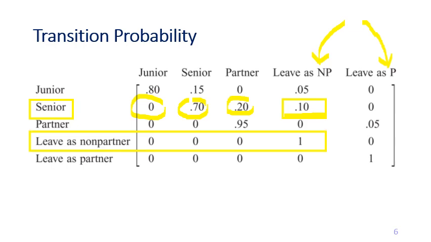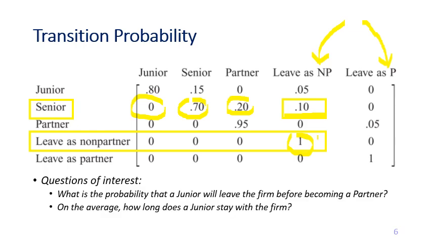Same as before, if you have left the firm as a non-partner, forever your status will be recorded as leave as non-partner. That's why the probability is 1. And then same thing if you leave as a partner, forever your status in this firm will be recorded as leave as partner.